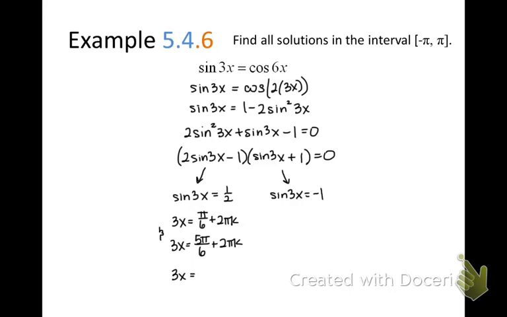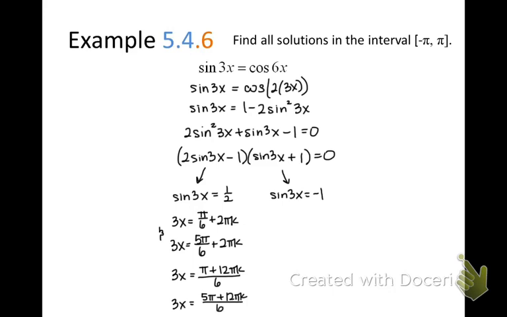So that's going to be in the numerator, pi plus 12 pi k over 6, right? And then I'm also going to have 3x equals 5 pi plus 12 pi k over 6.